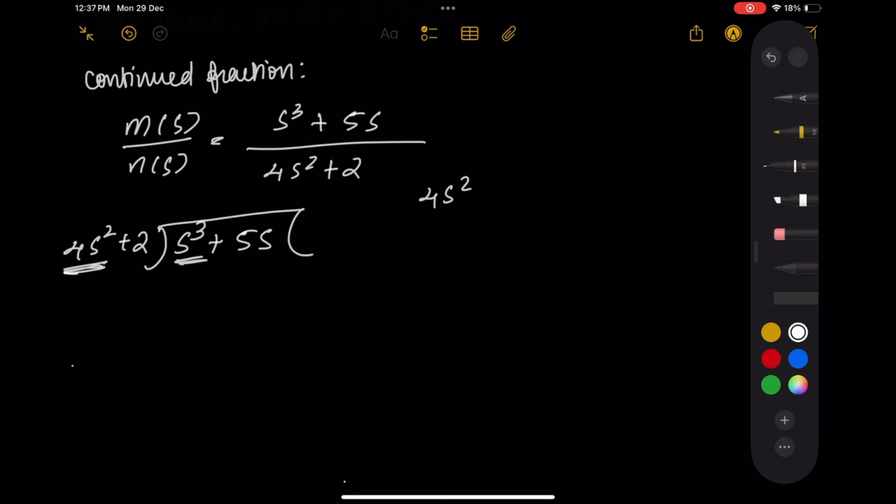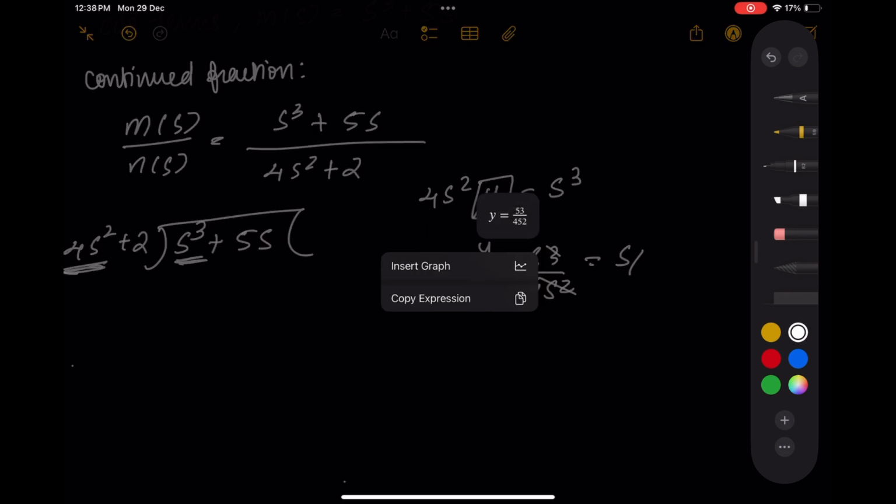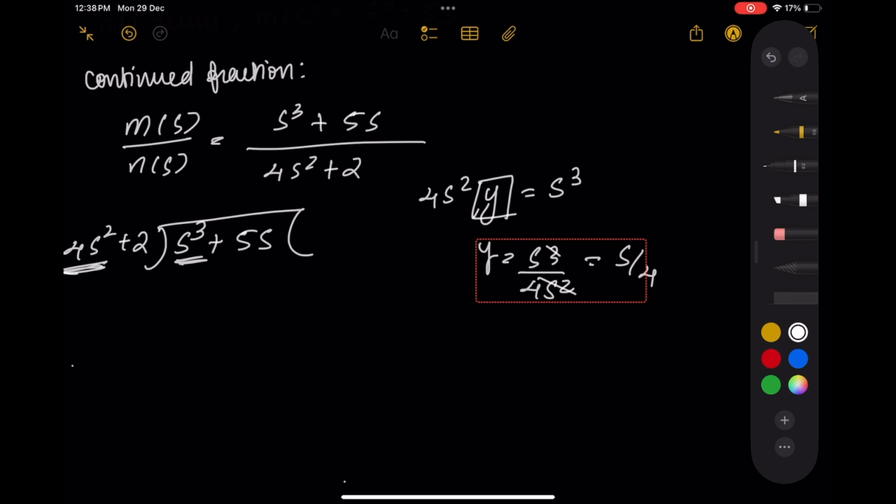I'm showing that value as y here just for calculation purposes. 4s square into some value will give me s cube, and that value will be s cube by 4s square, that is s by 4. So the quotient will be written here, and that is s by 4. This is the first quotient.